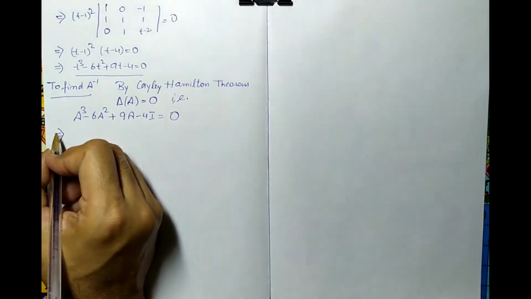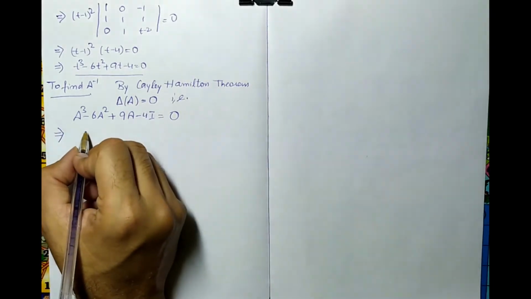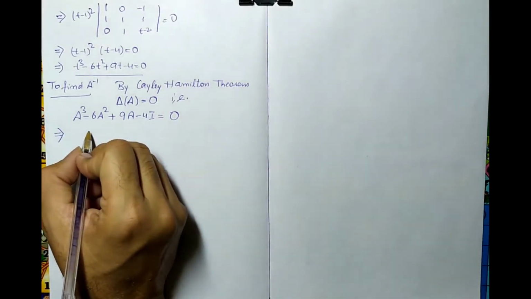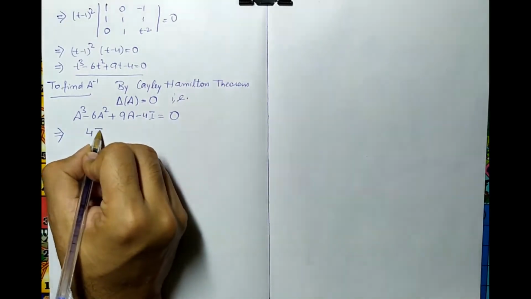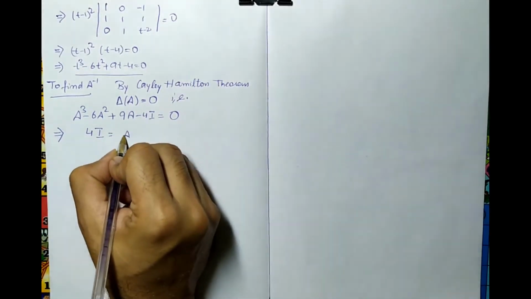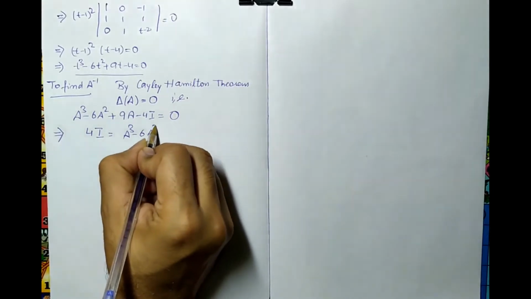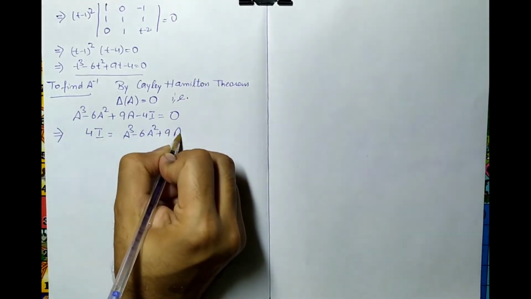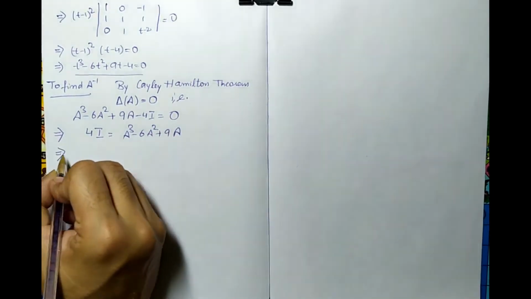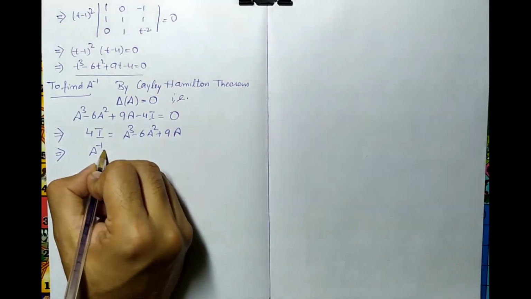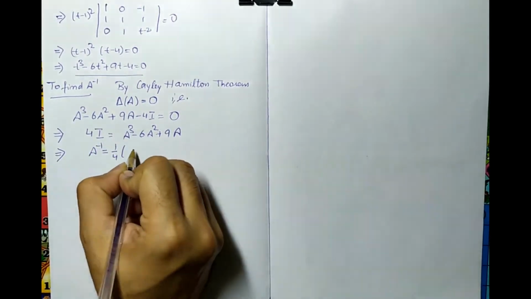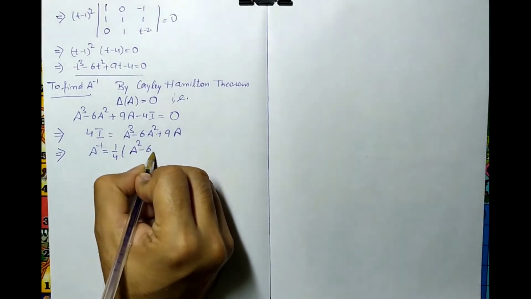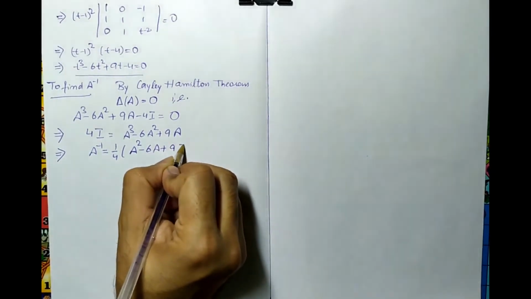And by the corollary of the Cayley Hamilton theorem we have 4I equals A cube minus 6A square plus 9A, which further implies A inverse is equal to 1 by 4 times (A square minus 6A plus 9I).